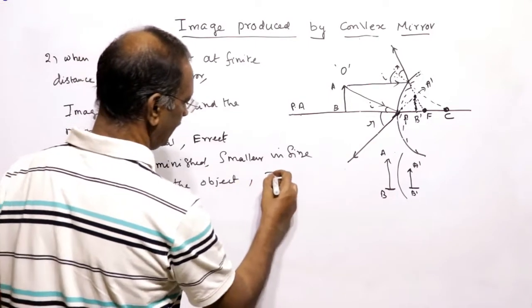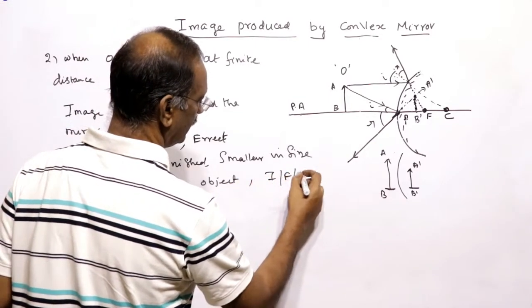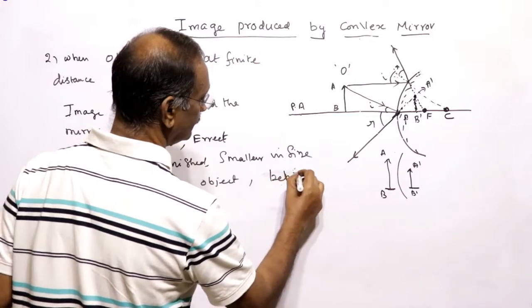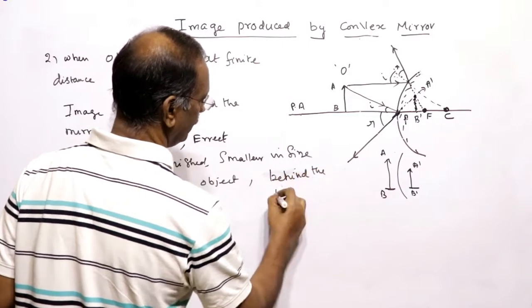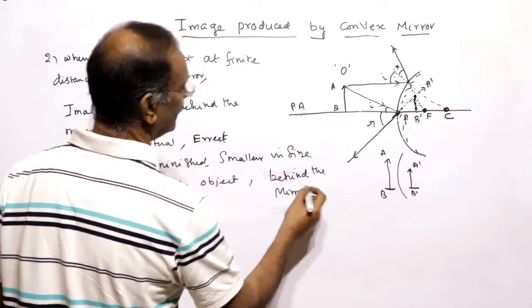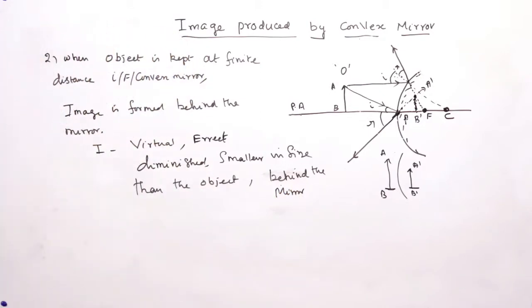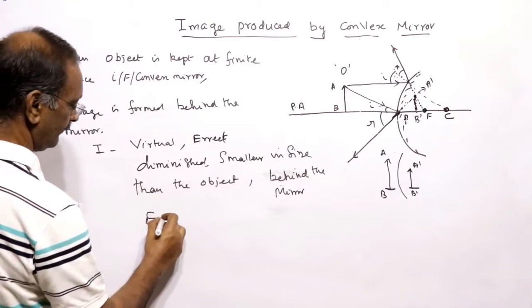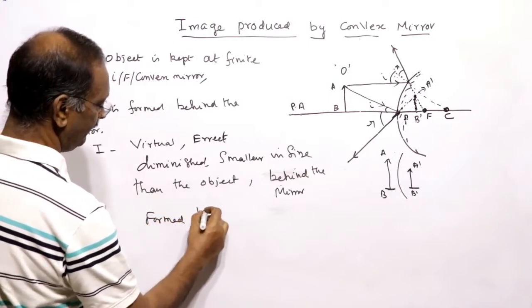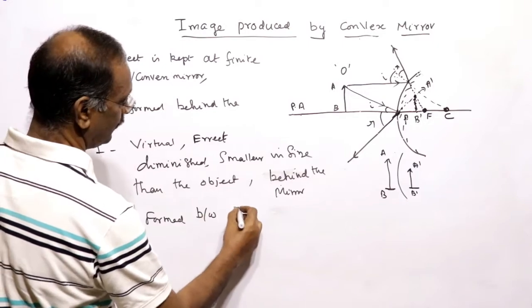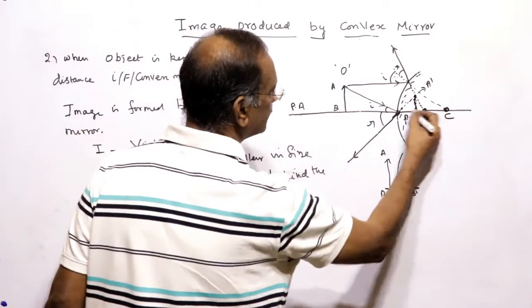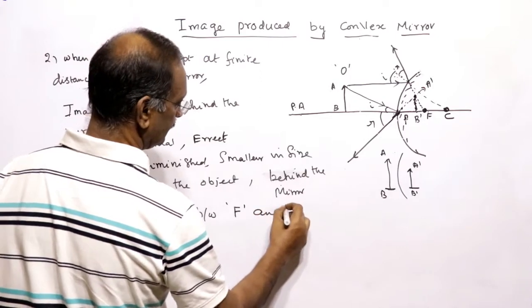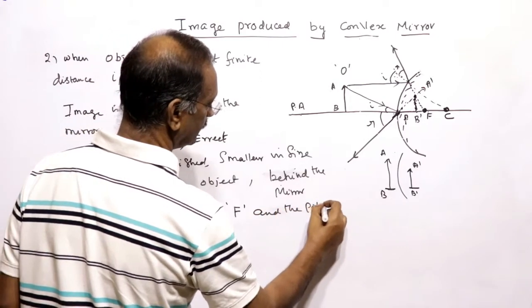The image is formed behind the mirror, and where is it formed? Between the focus and the pole.